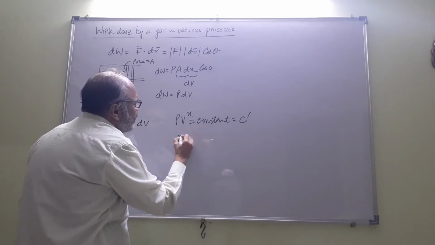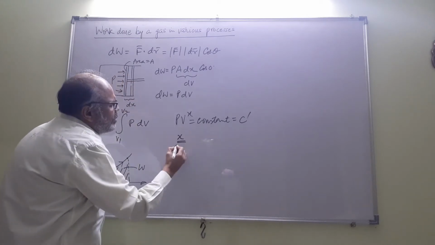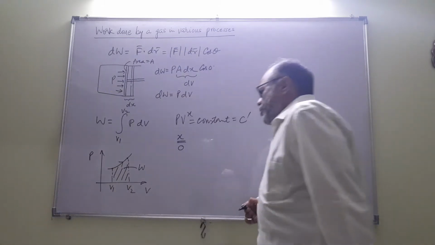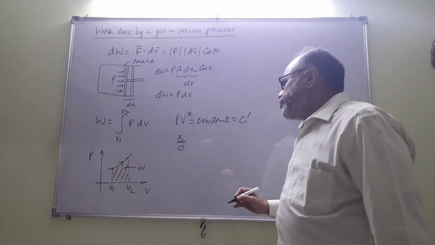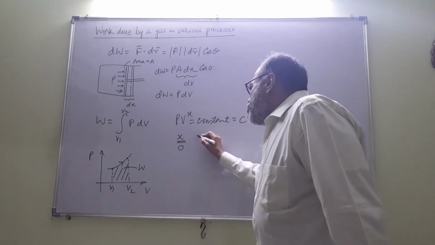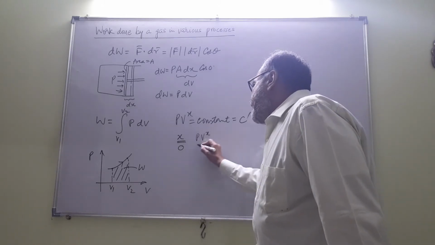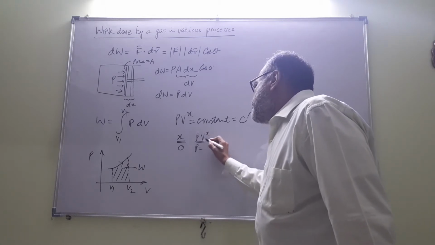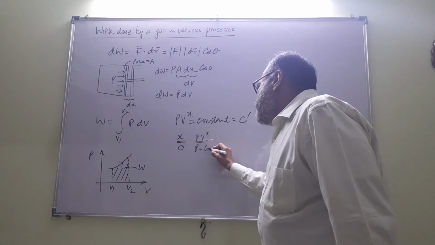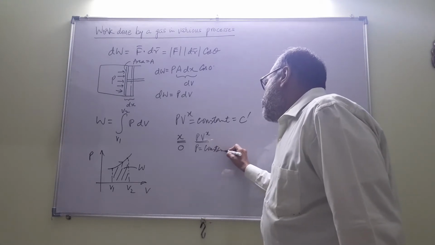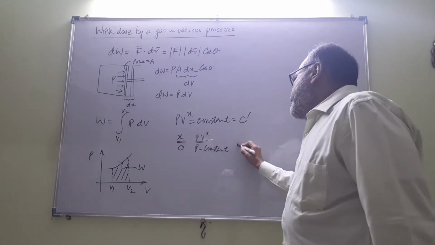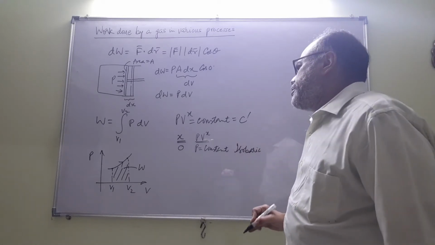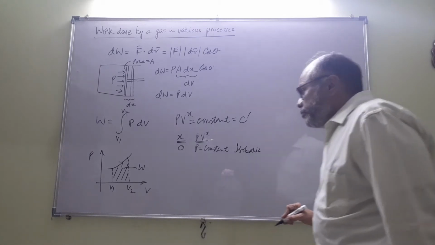If you give the value of x as 0, PV power x would reduce to P equals constant, since V power 0 is 1. That means it would be an isobaric process.